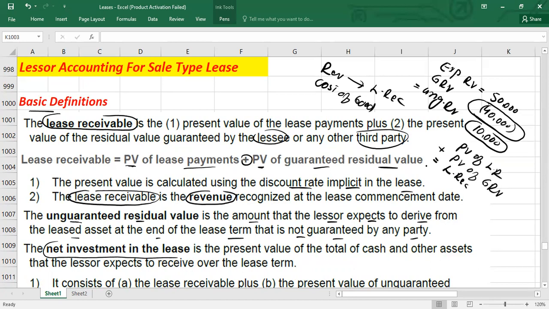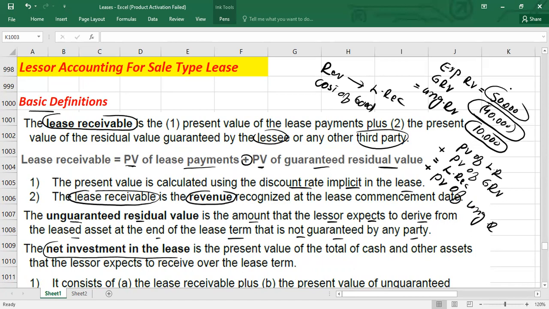If to the lease receivable we add the present value of the unguaranteed residual value, this is equal to the net investment in the lease. In short, net investment in the lease includes the full residual value, like I would say 50,000, it will be included. So you should remember, please.